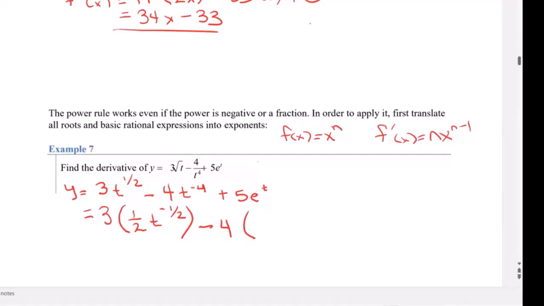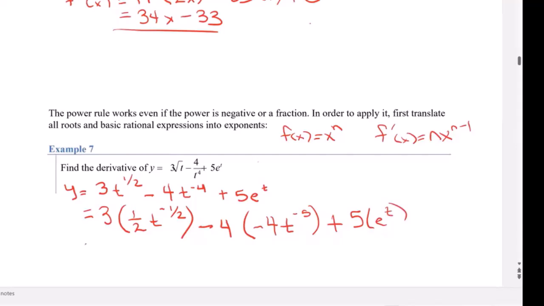We can still use this formula. We get minus 4 t to the minus 4 minus 1, which is minus 5, plus 5 times the derivative of e to the t. Well, the derivative of e to the t is just e to the t.